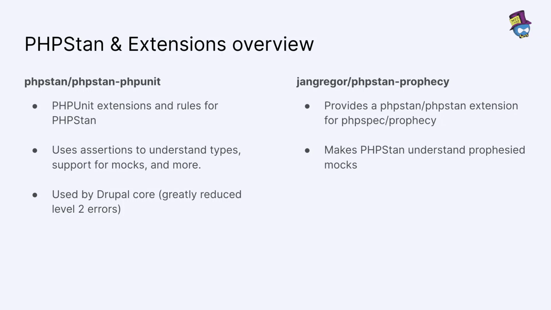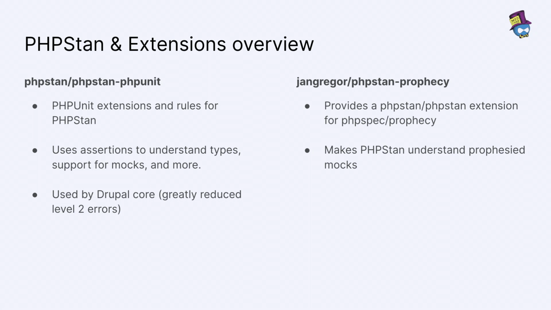And it's used by Drupal core now. As part of the level 2 initiative, I think it was like 2,000 errors that were resolved by adding this package to Drupal core, because for all the tests, it now understood how to scan the tests and analyze them.